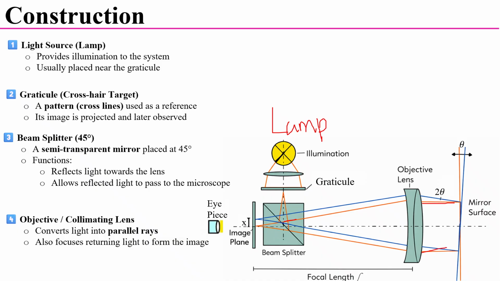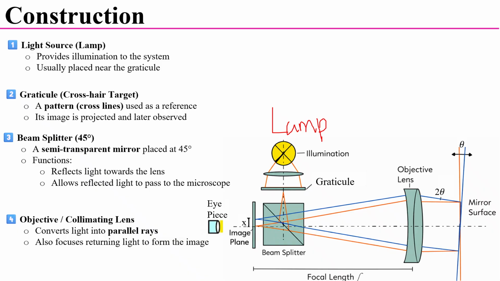These parallel rays hit the mirror, then once again pass through the objective lens, which focuses the returning light to form an image at a particular point. So it also has two functions.